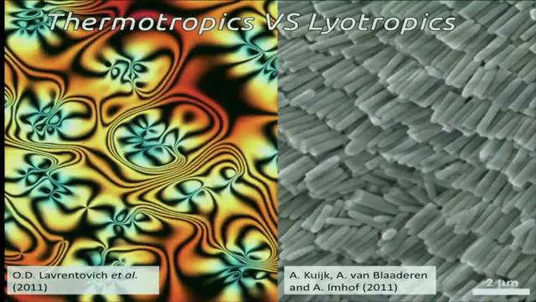Let me start by underlining a difference. I'm not going to introduce what liquid crystals are; I'm sure you all know very well. But it's important to stress the difference between thermotropic and lyotropic liquid crystals, two different classes.